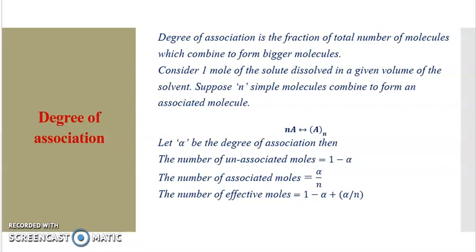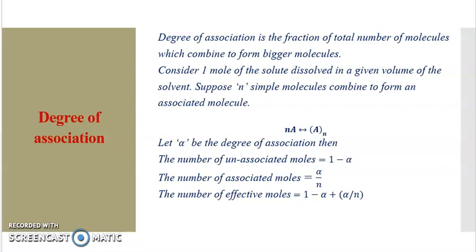Then the number of unassociated moles: in the experiment we have taken 1 mole of the solute and alpha is the degree of association, so after association there will be 1 minus alpha moles of unassociated solute particles.